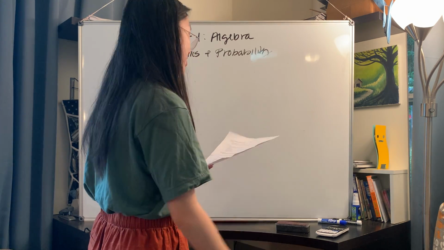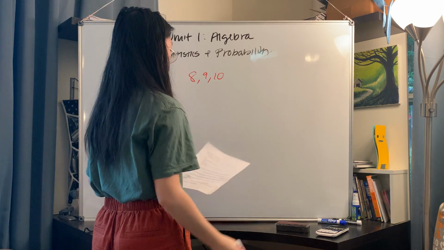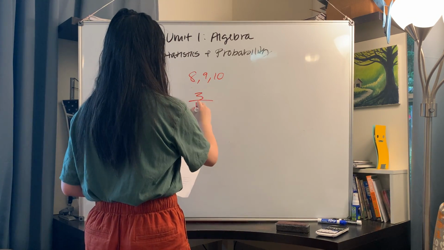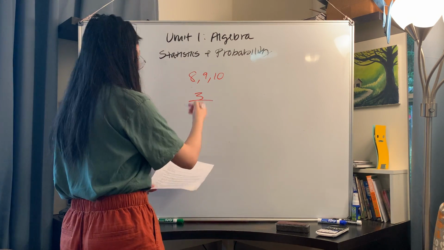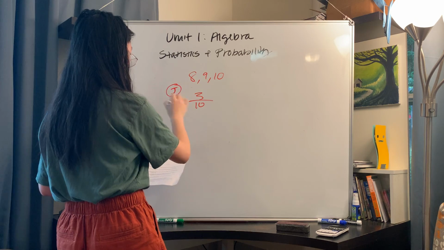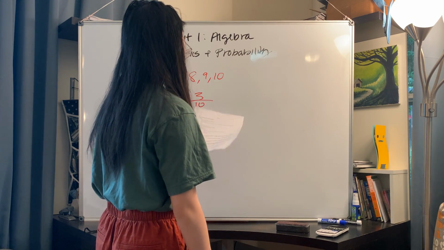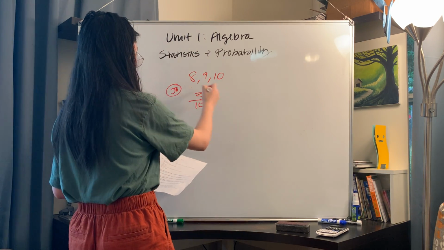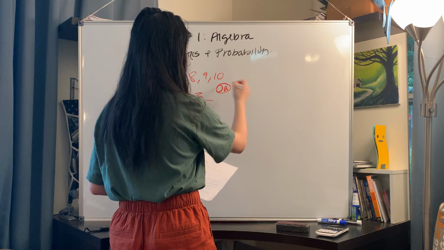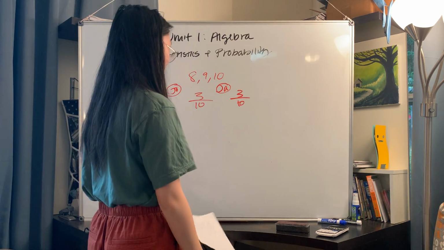The numbers greater than 7 are 8, 9, and 10. We start with John. John has a 3/10 chance of picking a number greater than 7. Those numbers are 8, 9, and 10. And then we have Jane. Jane also has a 3/10 chance of picking a number greater than 7.